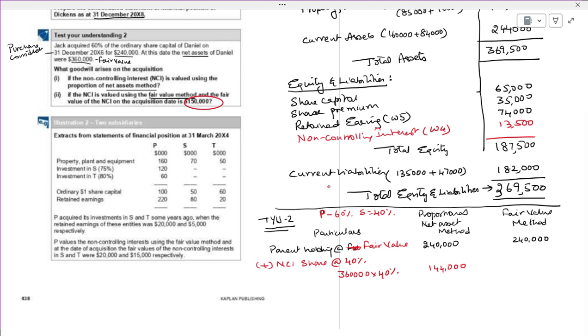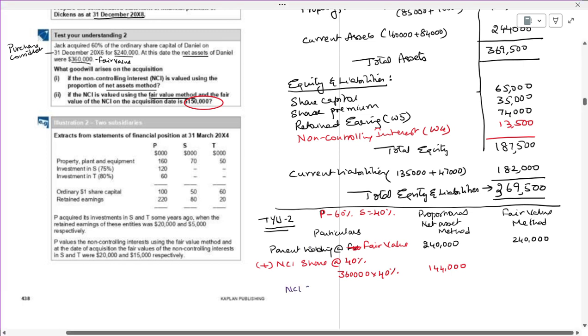Again the same point, I'm not changing the point. If we are talking about the fair value, the NCI share at fair value given in point 2 is 150.